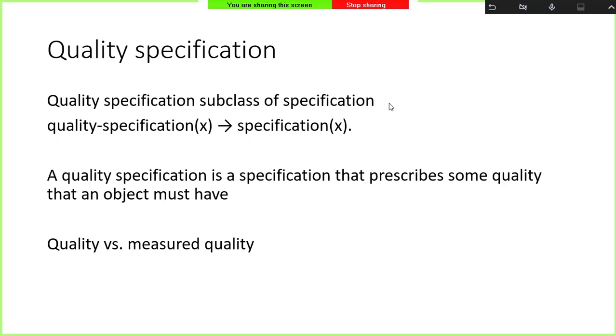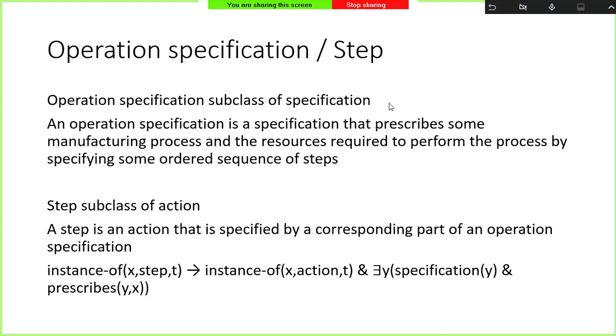So quality means something which conforms to a standard for which we have a measure which enables us to assess conformance to that standard. And that means that the entity in question is in the information artifact realm rather than in the real world quality realm. But again, that is something that has to be addressed by collaboration with experts. And then operation specification is a subclass of specification, which we document here.